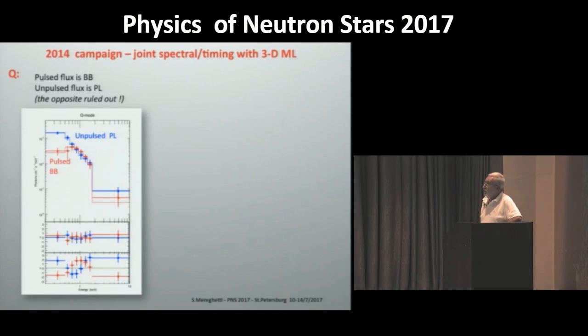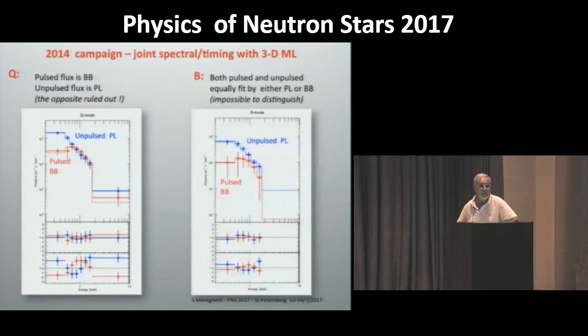These are the residuals. If I try the opposite, fitting the pulsed spectrum with the power law and the unpulsed one with a black body, the residuals show us that this is not a good fit. For the B mode, again, we can fit the unpulsed flux with a power law and the pulsed with the black body.